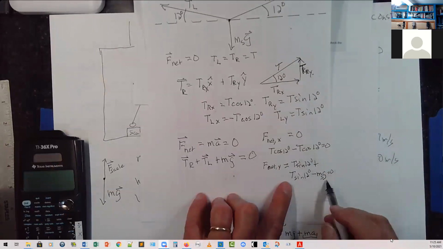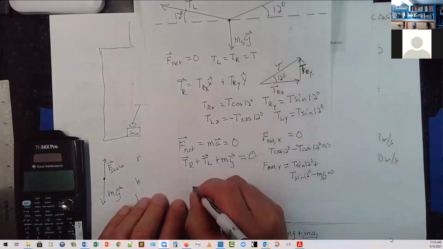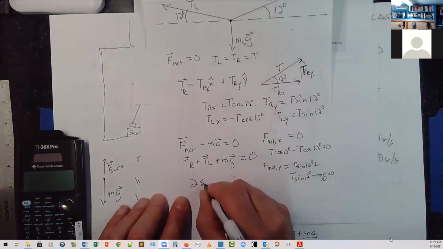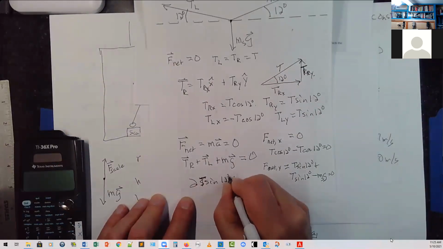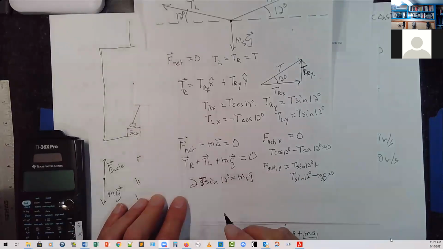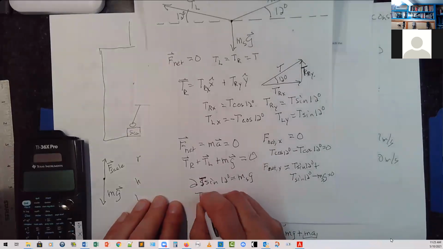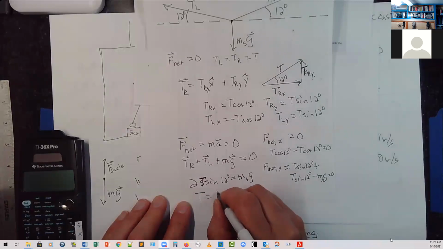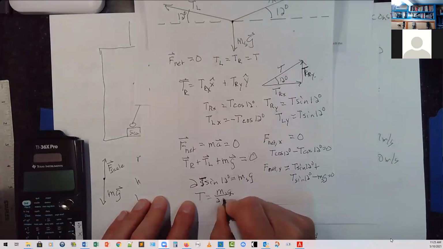And we end up with 2T sine of 12 degrees is going to equal the weight of the spider. If I divide both sides by 2 sine of 12, the tension will equal the mass of the spider times g divided by 2 times the sine of 12 degrees.